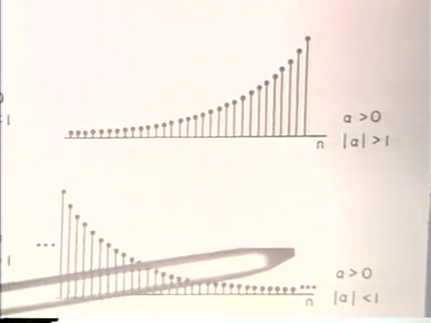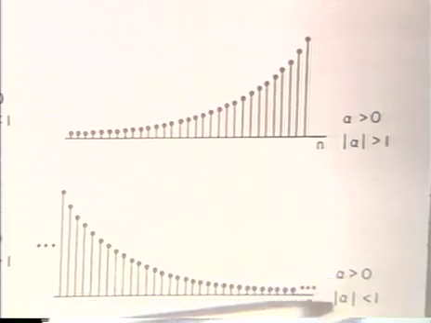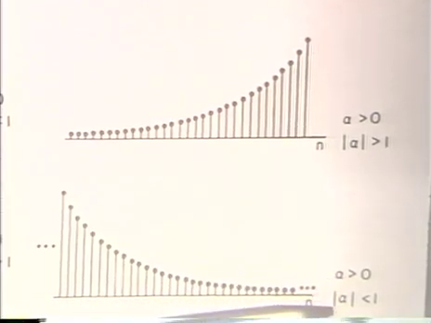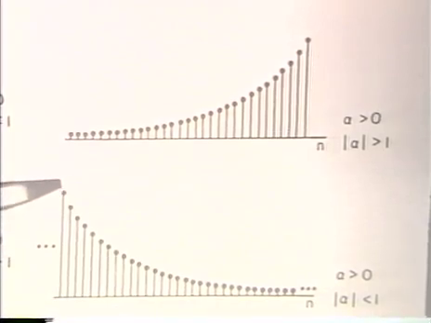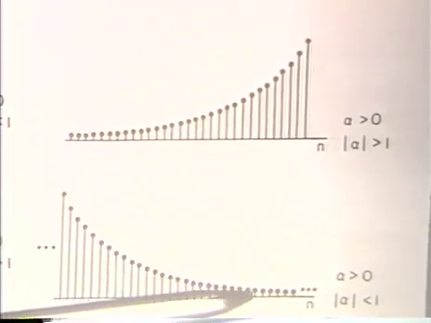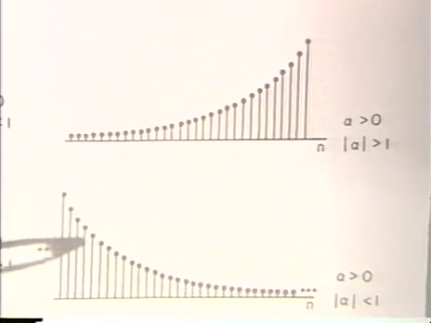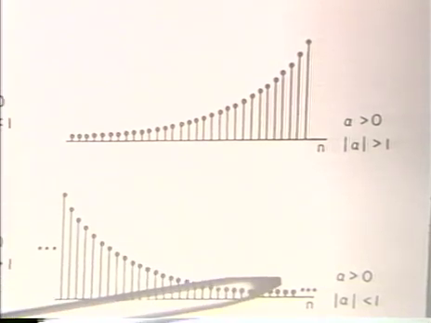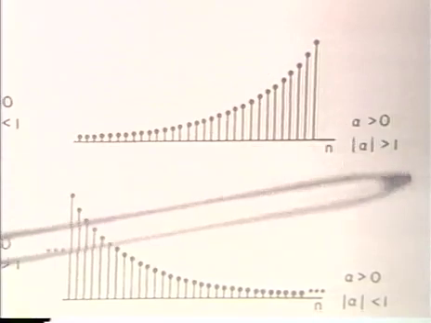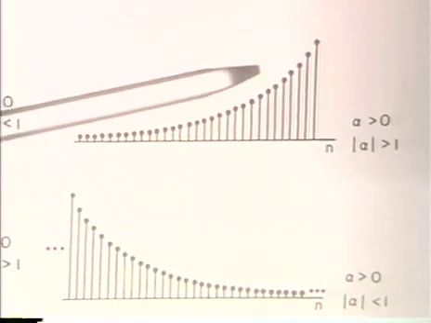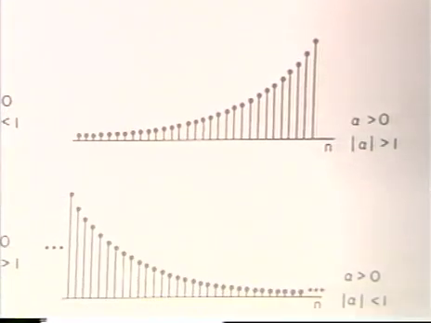On the bottom, again with alpha positive, but now with its magnitude less than 1, we have a geometric progression that is exponentially or geometrically decaying. In both of these cases, alpha is greater than 0.